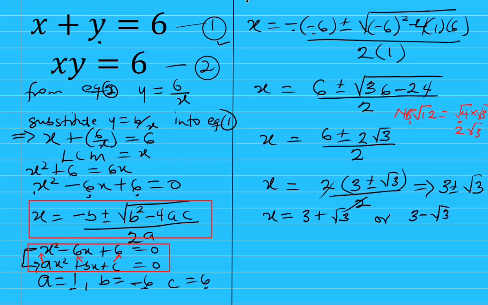Okay, so let's put in the value of x into any of the equations. I prefer to use equation 1 because that one will be simpler to work with. So we're going to substitute these values here, the values of x here, this one, and then this one.